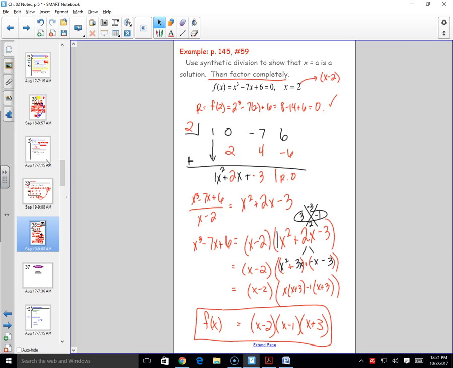What if you had a 5th degree polynomial? Can you imagine that for a second? If you had an x to the 5th with all this yucky factor, how many zeros would you have to find and do synthetic division to the polynomial in order to get it to be a quadratic?